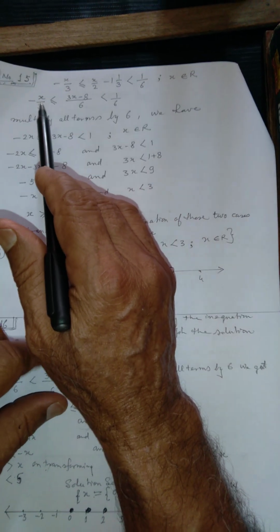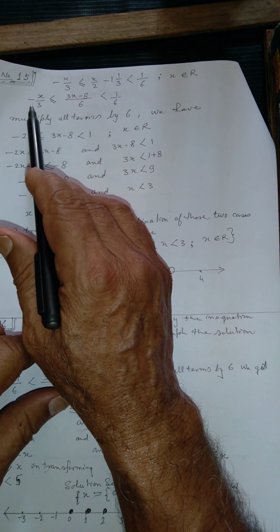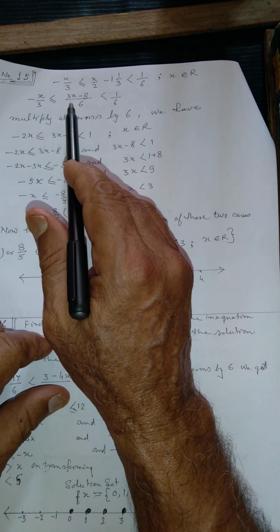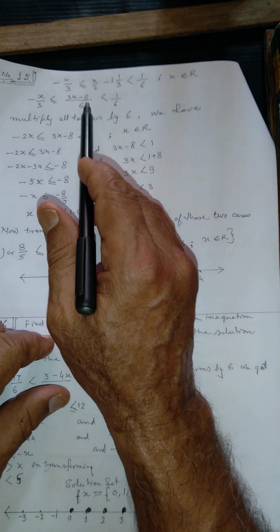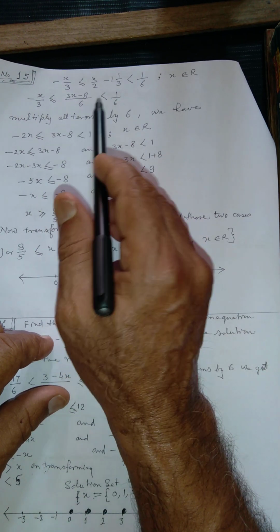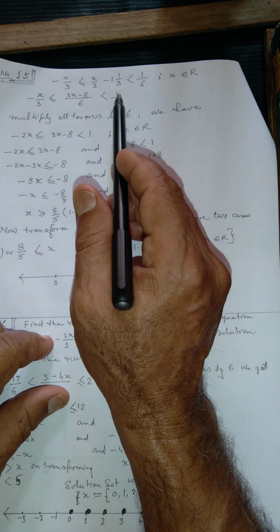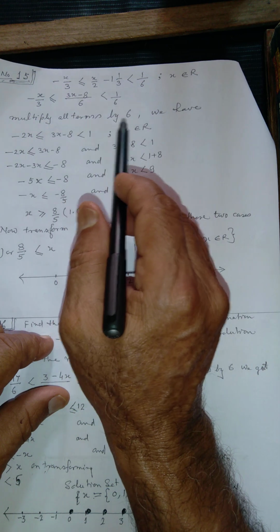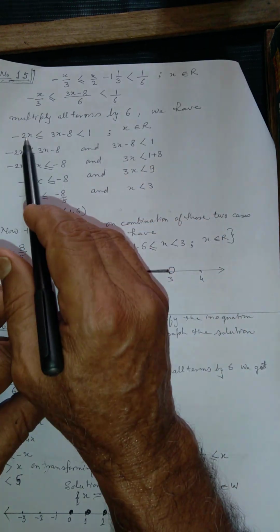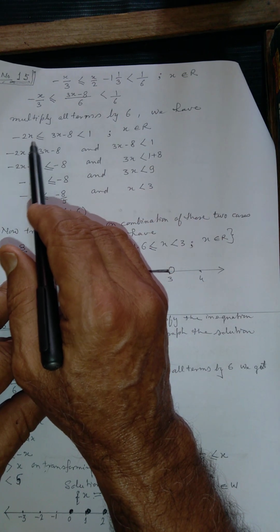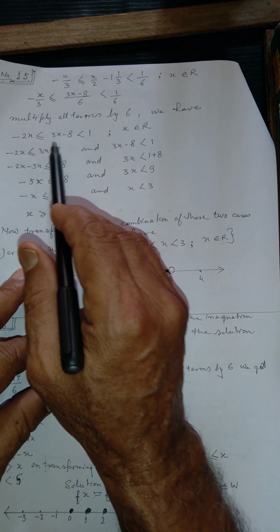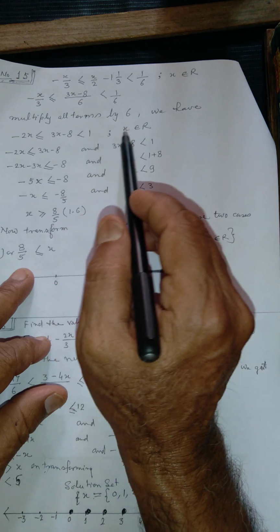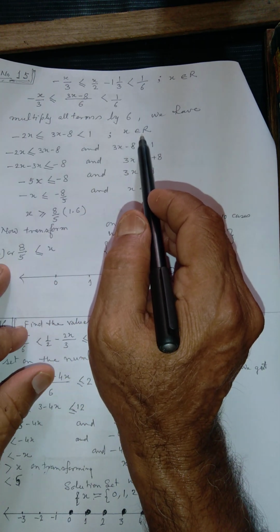Here you see, I have written x minus x by 3 less than or equal to 3x minus 8 by 6 less than 1 by 6. Multiplying all the terms by 6, we have minus 2x less than or equal to 3x minus 8 less than 1, where x belongs to real number.